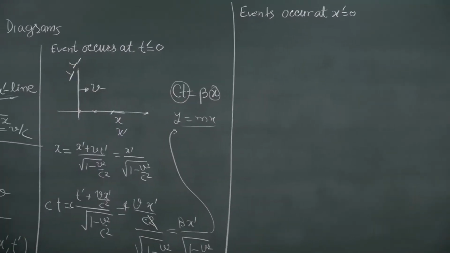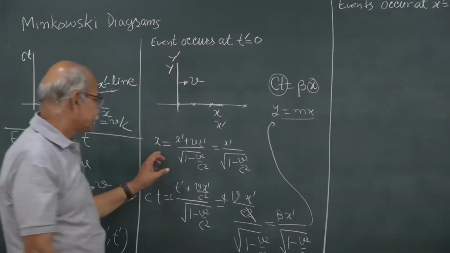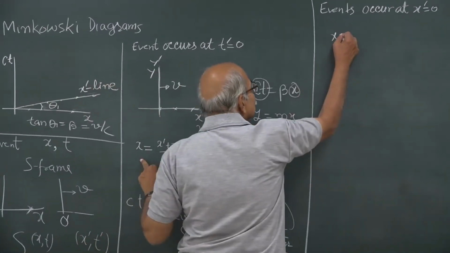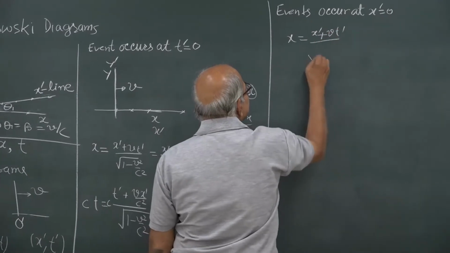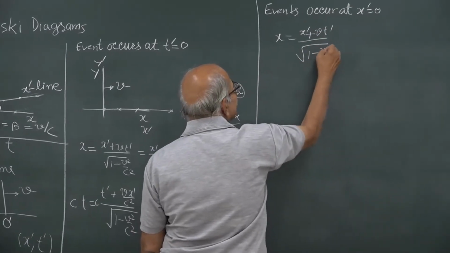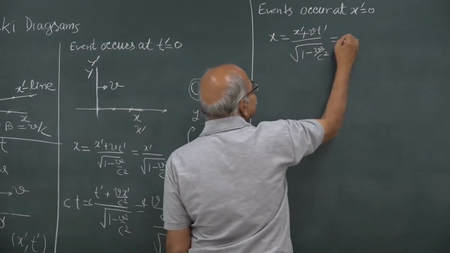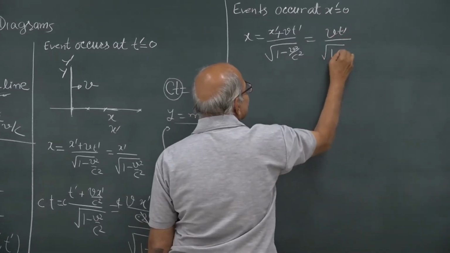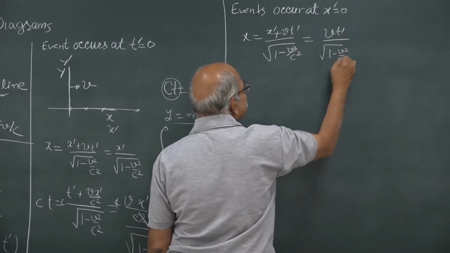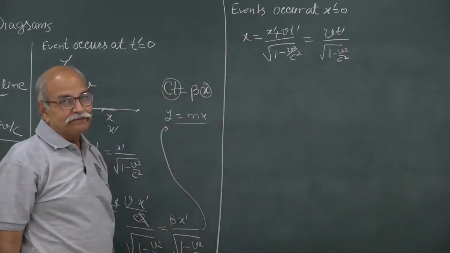So, once again, what is x and what is Ct? x is equal to x prime plus Vt prime, same equation, divided by square root of 1 minus v square by c square, and that is Vt prime divided by square root of 1 minus v square by c square, because x prime is 0.